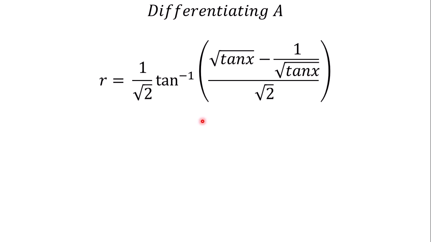What are we going to do? Differentiate. But the question is, when we were solving the integral problem, which is the square root of tangent x, you saw how we suffered to get our answer.